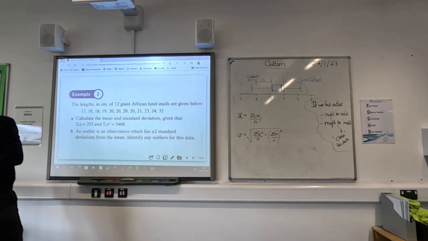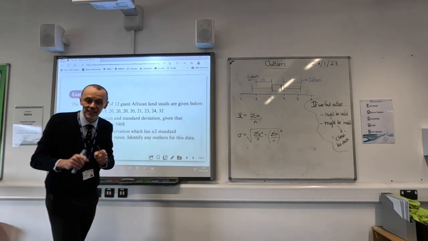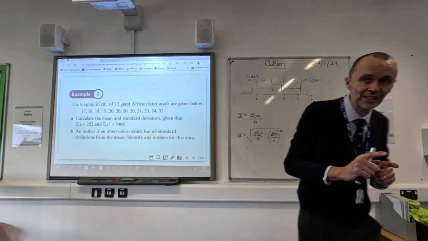And we know that our calculator would tell us those values, but see if you can spot if we've got any outliers using this definition.